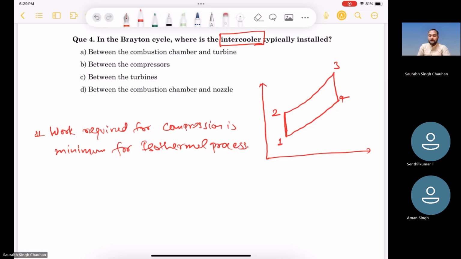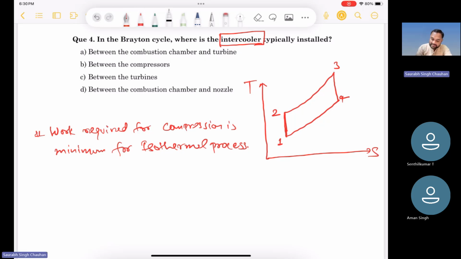So if you want to minimize this compression work, you try to make this compression process closer to an isothermal process. In our case it is an isentropic process, but we are trying to make it closer to isothermal. So instead of doing the whole compression in one stage, you can use multiple stages.